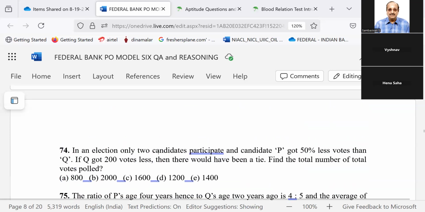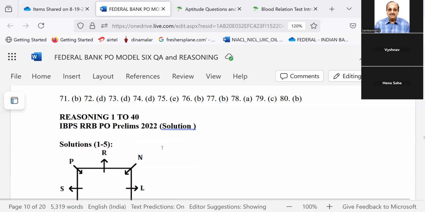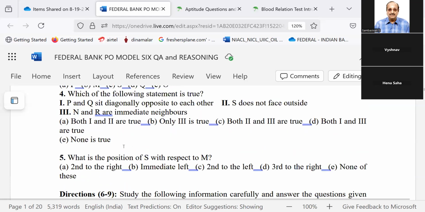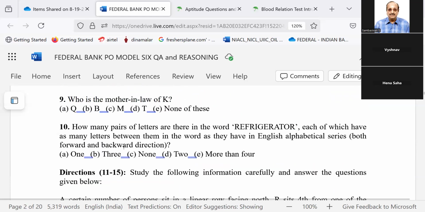Sir, can you please tell me what is the syllabus of reasoning for this exam? Topics like reasoning, that I can tell you. This is the order. One, puzzle. Two, blood relations.